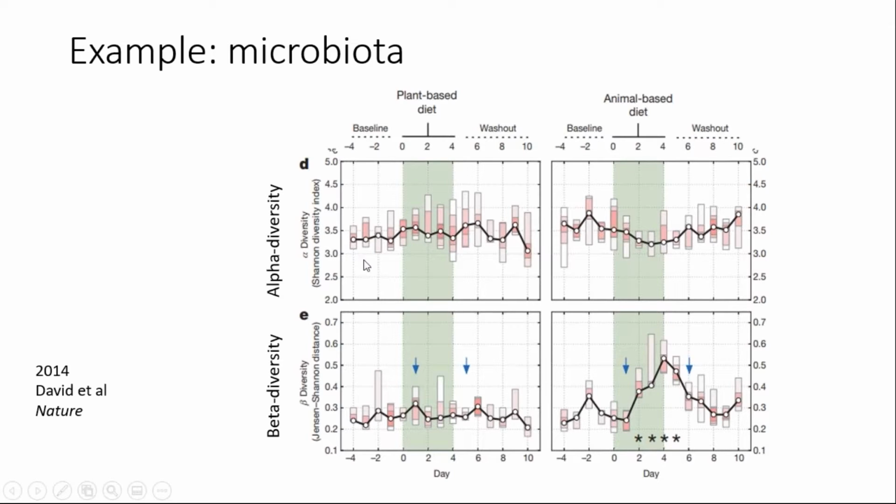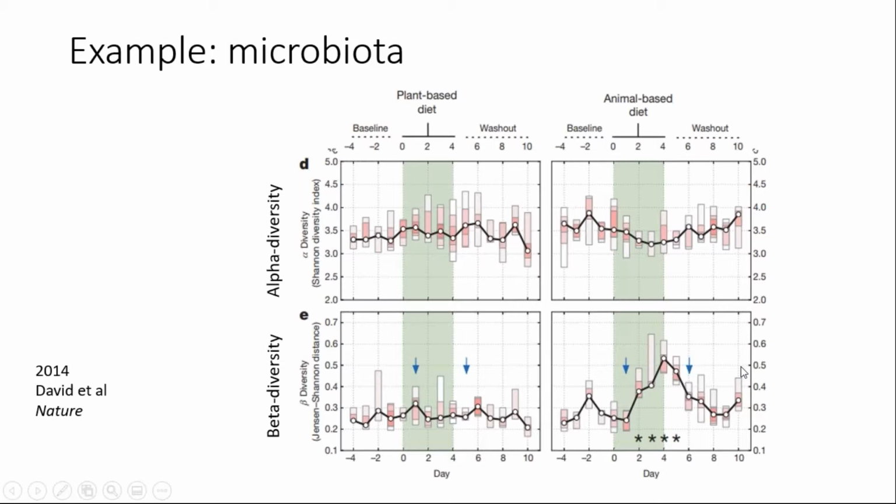In the bottom two plots, we see the beta diversity. And in the shading is when the intervention occurred. And on the plant-based diet, we see that this beta diversity, which is a comparison across different individuals' microbiomes participating in this research study, doesn't really change.